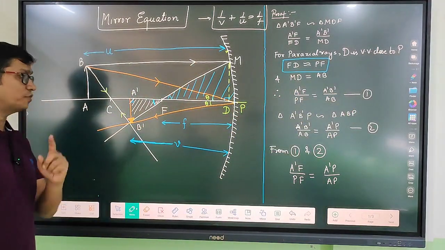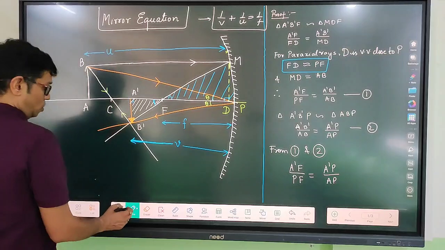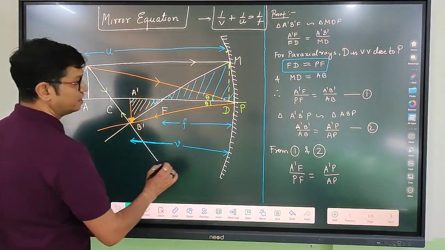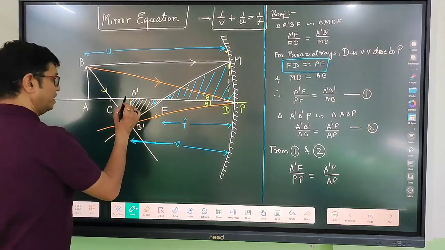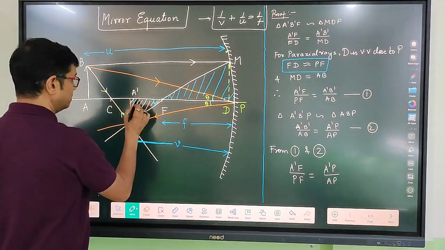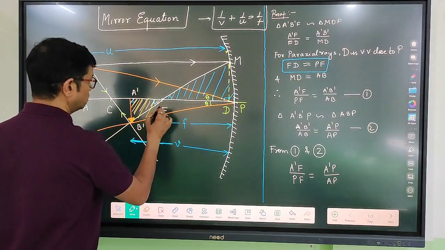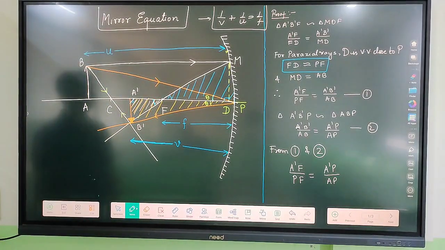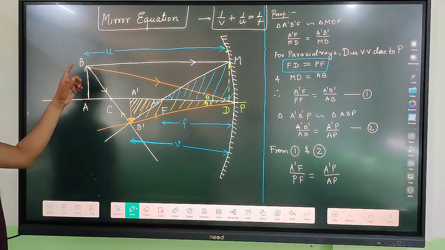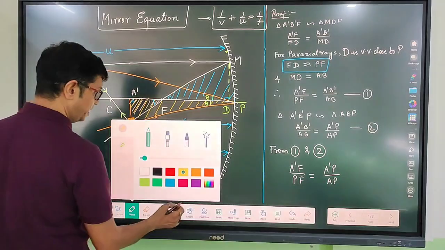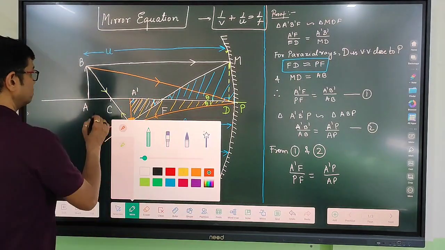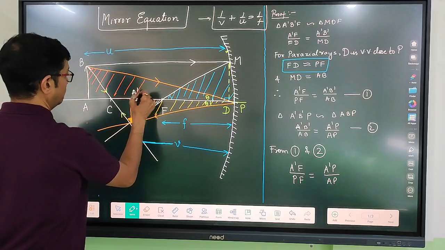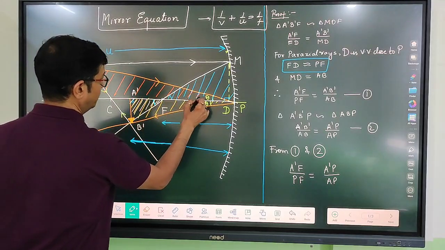Now we are going to take another two triangles. Let me use a different color. We are taking two triangles: A dash B dash P, which I have shaded with yellow color, and the other one, ABP.